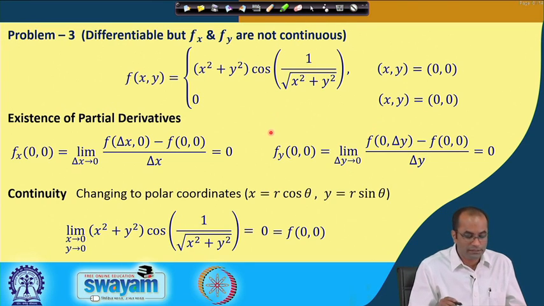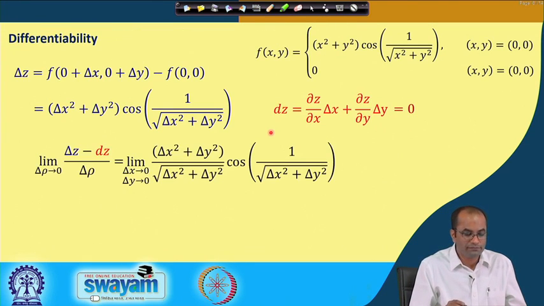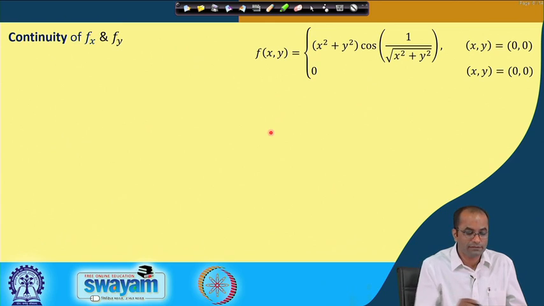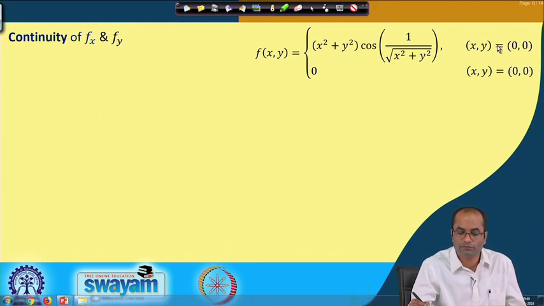Now we will show the continuity of the partial derivatives at the (0, 0) point. So, we need to compute the partial derivatives at a non-zero point.